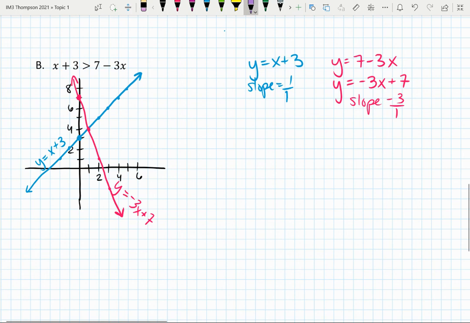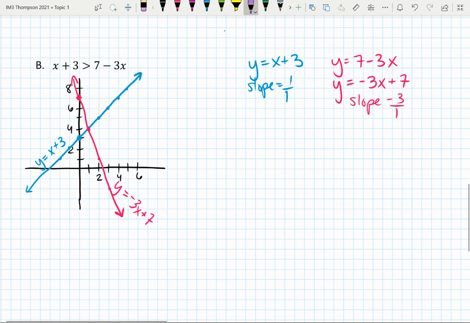I know I have an intersection, but this is not an equation, it's an inequality. So what I'm looking for is, where is x plus 3, the blue function, above or greater than the red function?